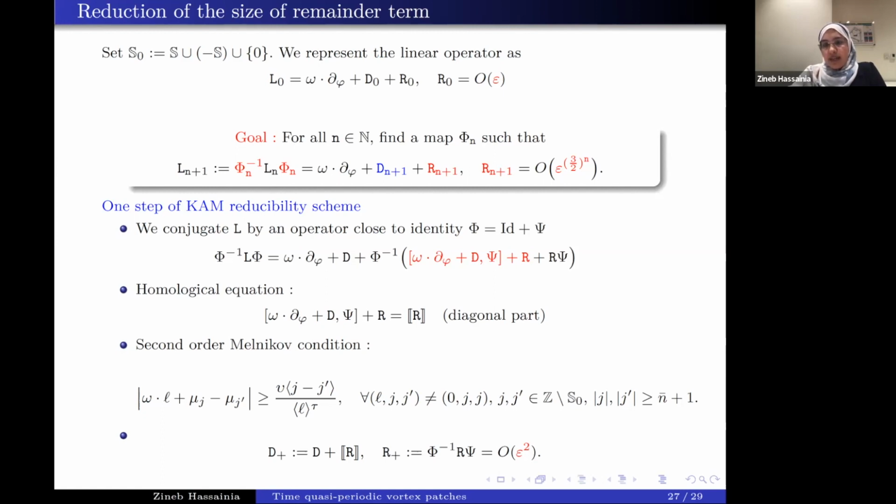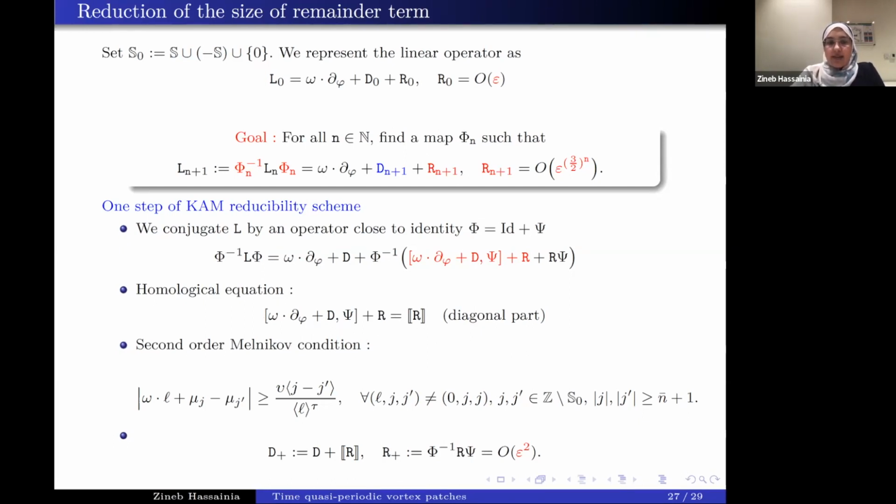The main idea is to look for a transformation or a diffeomorphism close to the identity, such that in the new variables, the terms of size epsilon, which are in red, disappear. So we need to solve this homological equation.